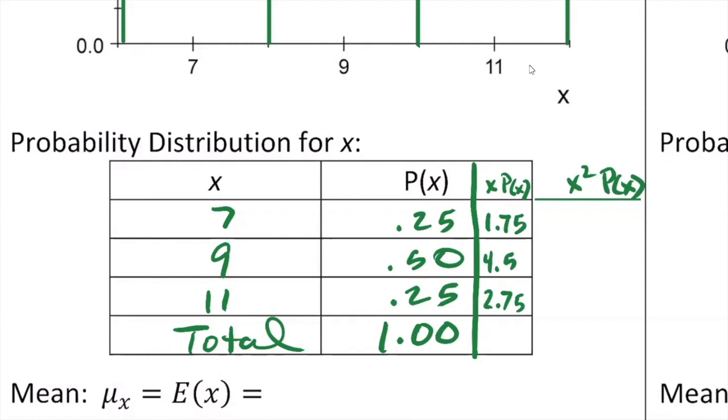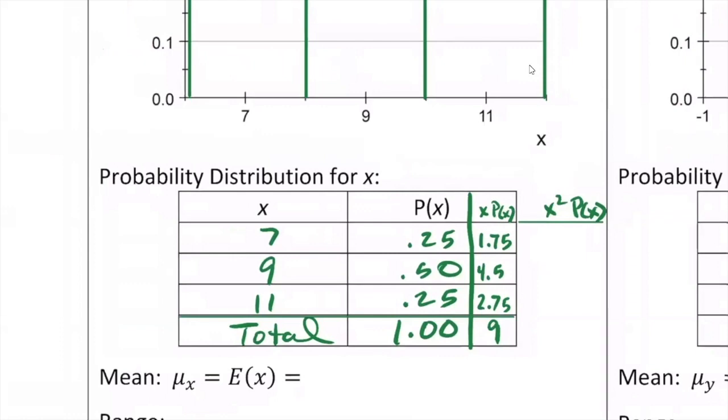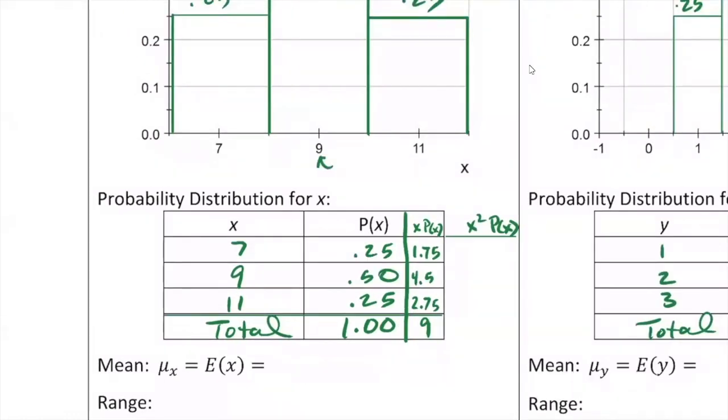This will be, if we do it right, totally obvious. This comes out as a 9. Okay. So from the graph, clearly the mean is 9. So that's mu. It's also called the expected value of X.